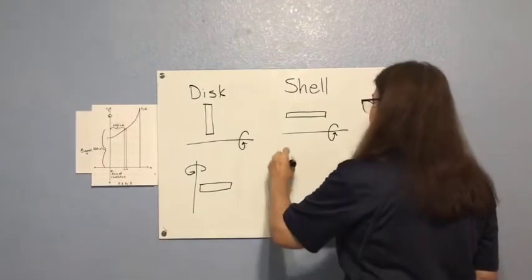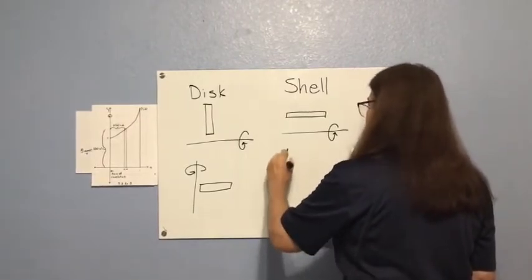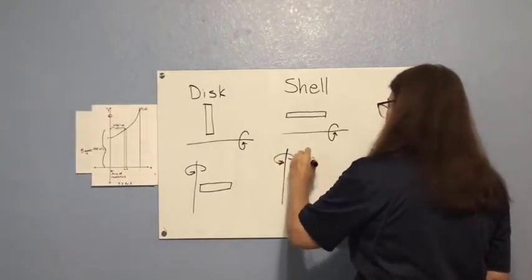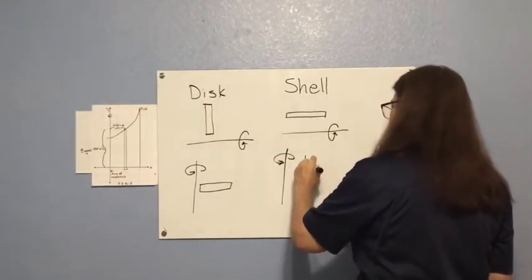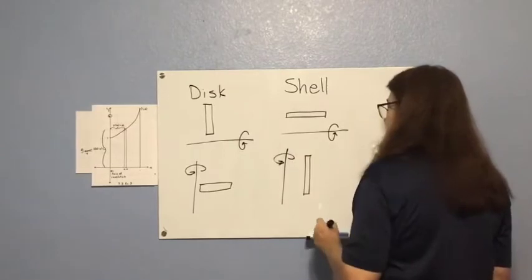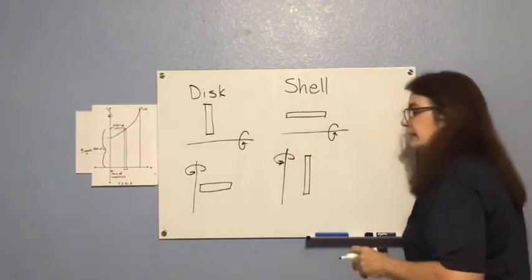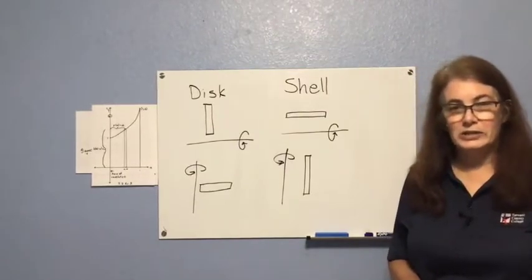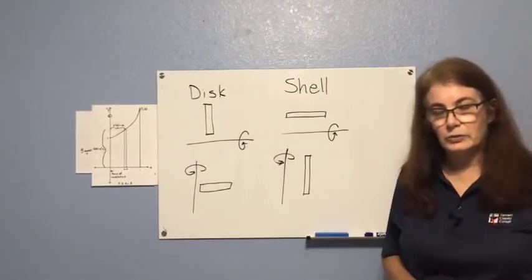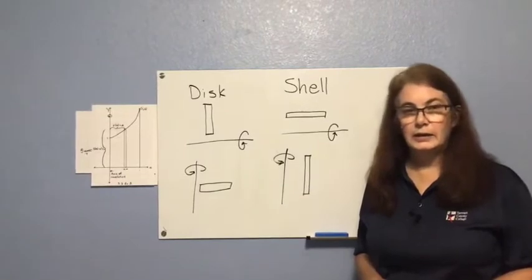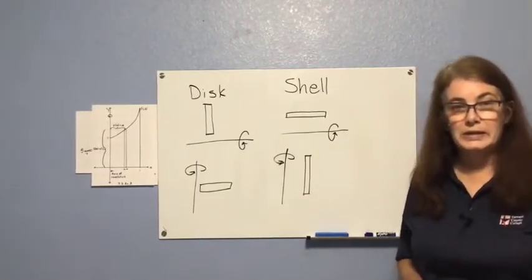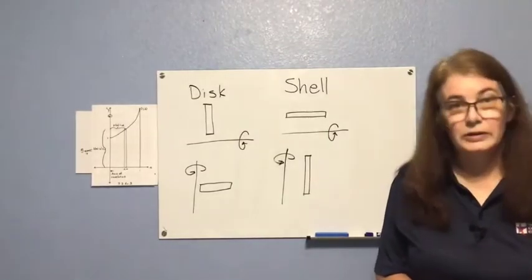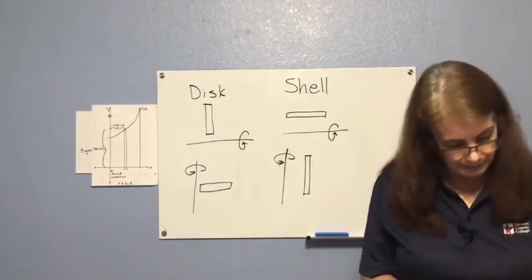And if I'm going to rotate vertically, my representative rectangle would still be parallel. It would look like this. So depending on the equations that you're given and the direction of rotation, one method might be easier than another. Sometimes it really doesn't make any difference and you can use the method of your choice.